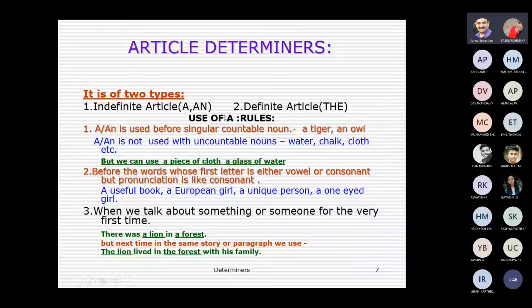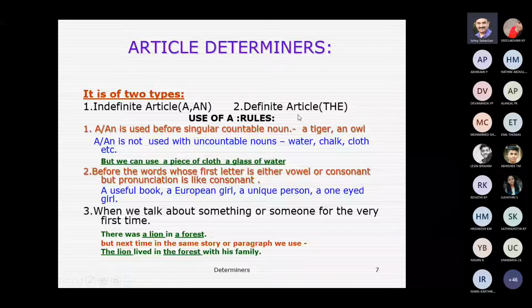They are categorized into 2 categories. The first one is the indefinite article, because we are not definite: a and an. And the definite article is the, which can be pronounced in 2 different ways.